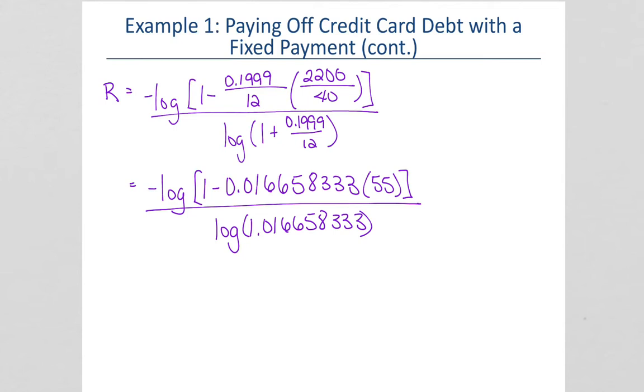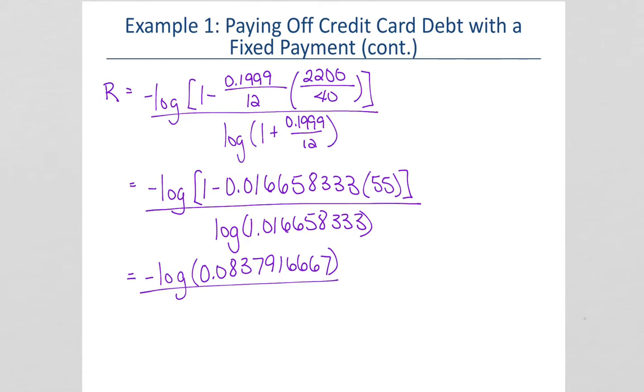Okay? So multiply our decimal there by 55 first and subtract that from 1, and we get 0.08379166667.